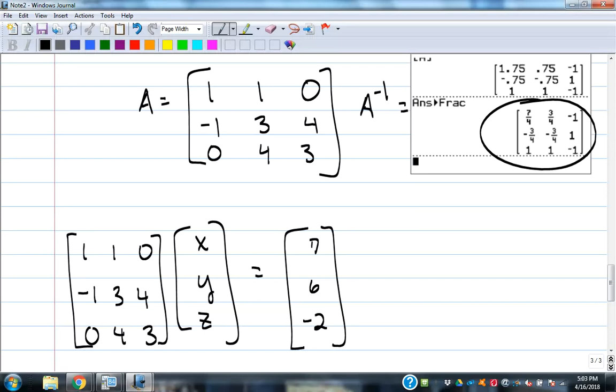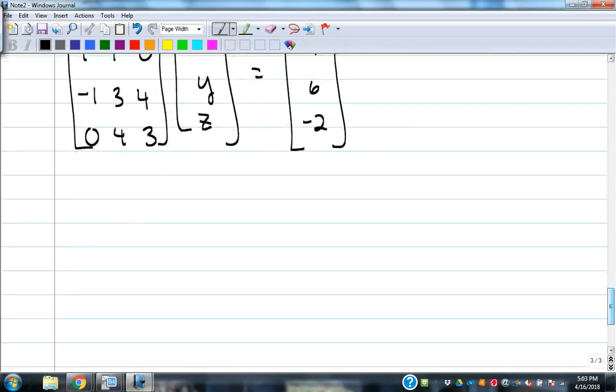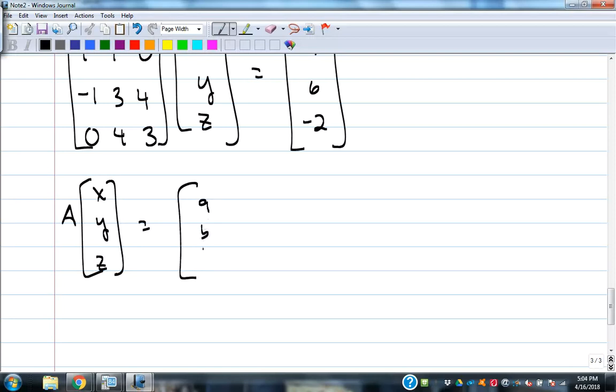What you do is take the inverse of that matrix and multiply it on the left of each side to solve that. If you've got A times some matrix and it's equal to some solutions, we call them A, B, and C.